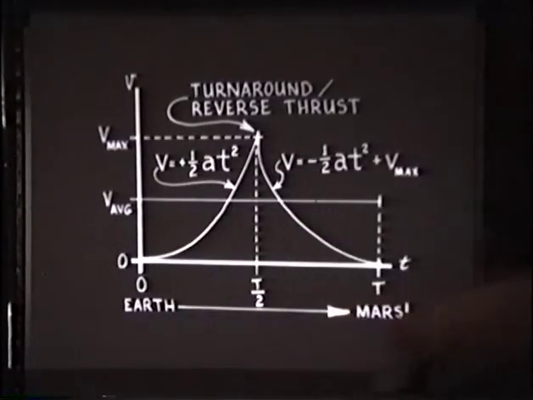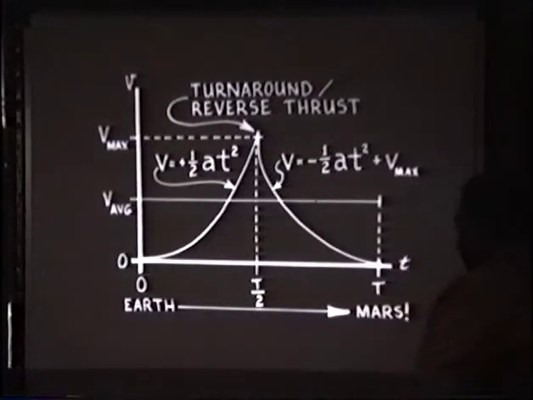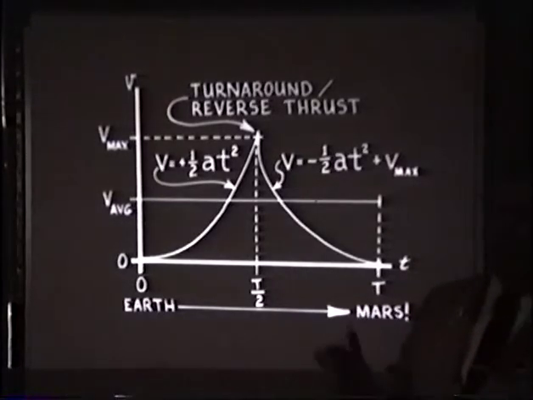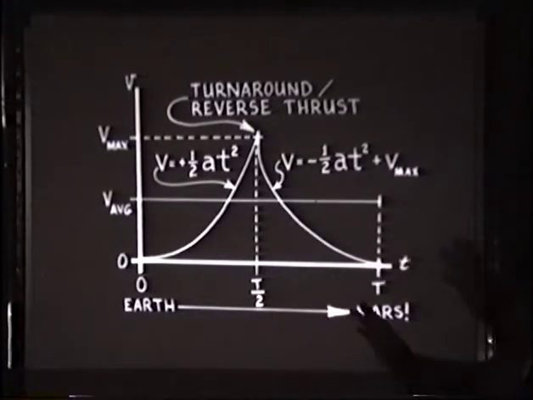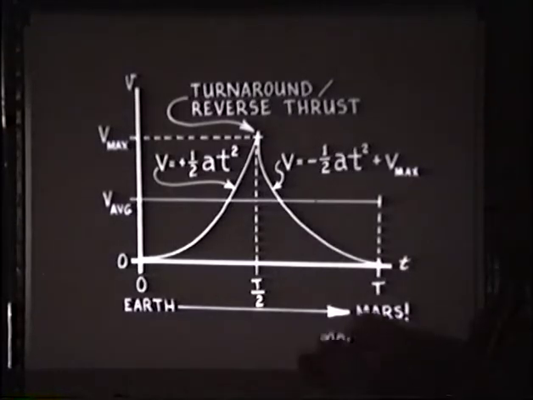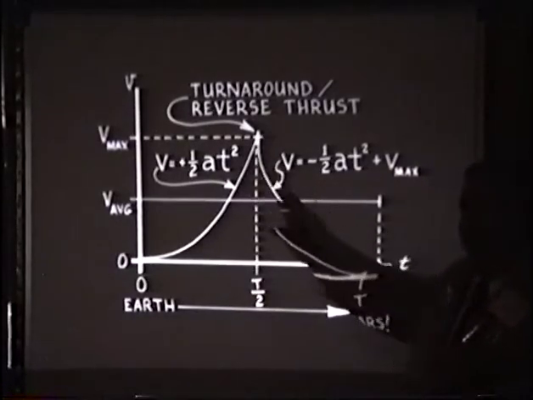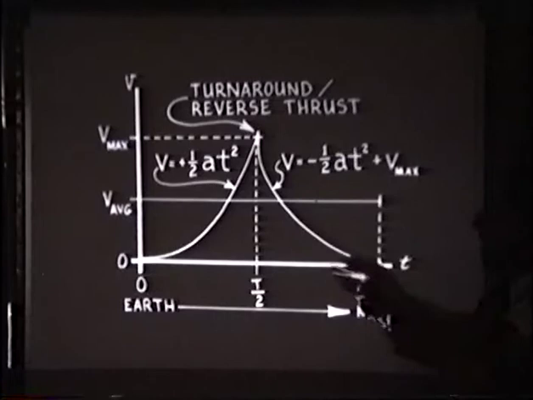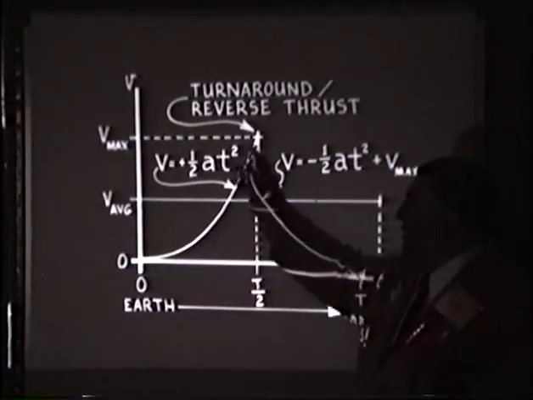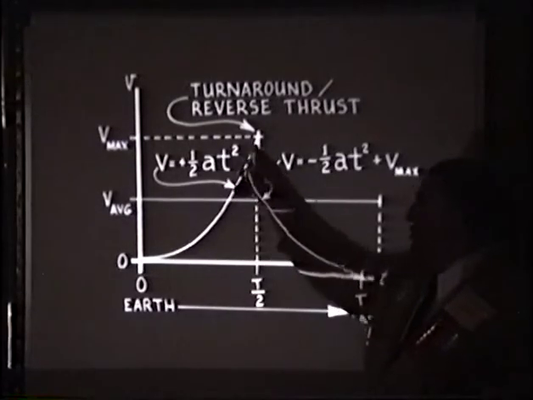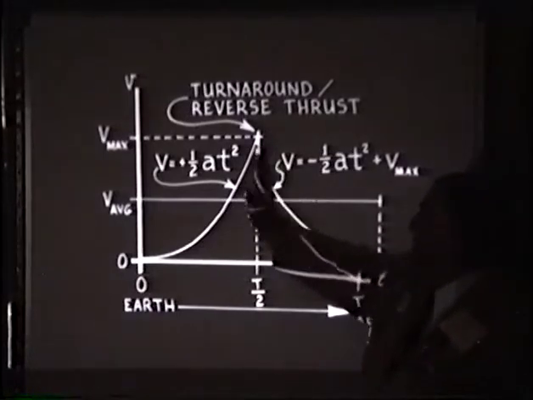This is a velocity diagram for the scheme which I use in all 5 of my scenarios, and which has long been desired by people who want to go to the outer planets, or the inner planets for that matter, where you accelerate halfway and decelerate the rest of the way. You're going to have a parabolic curve up to here, and then start a new parabola here, so it looks a little bit lopsided.